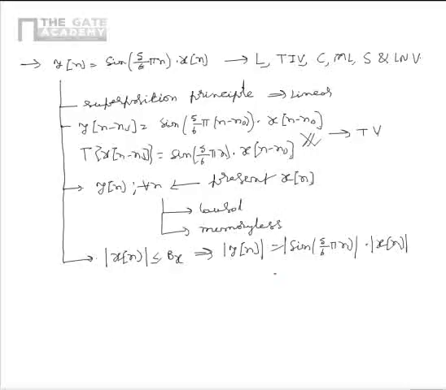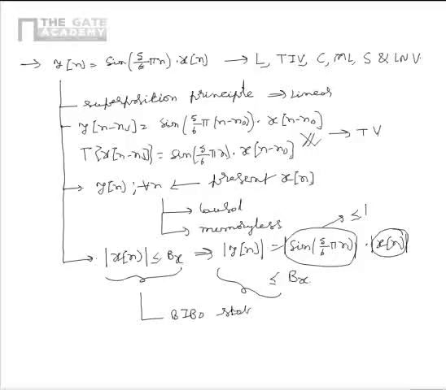We know that this is definitely less than or equal to bx, because mod of sine of 5 by 6 pi n is less than or equal to 1, and mod of x of n is less than or equal to bx. We see that for a bounded input, the output is also bounded. From this, we see that the given system is BIBO stable.